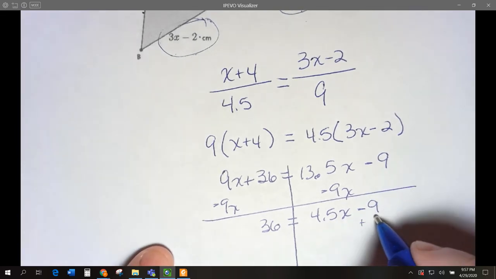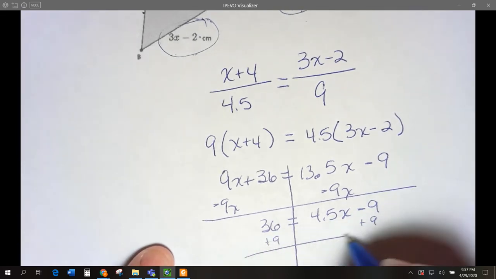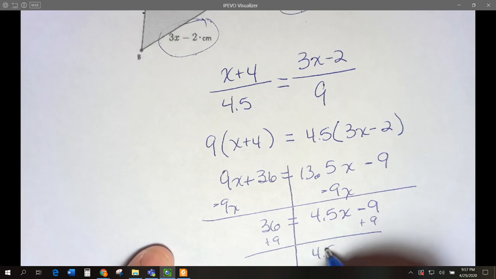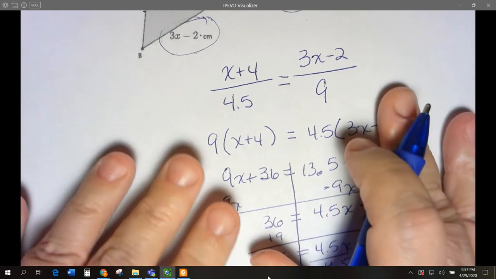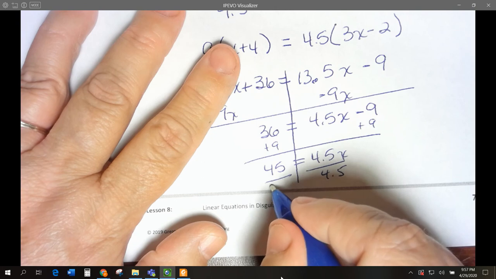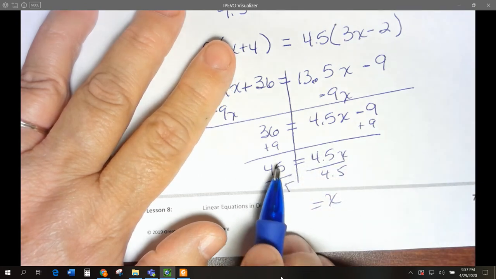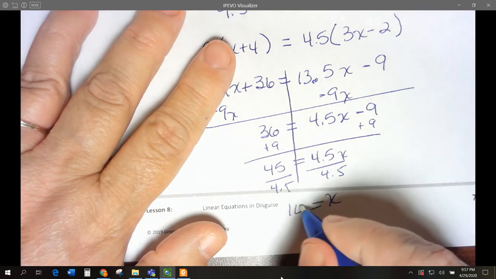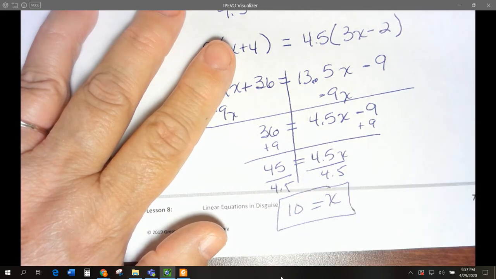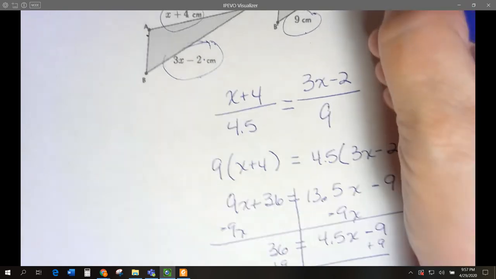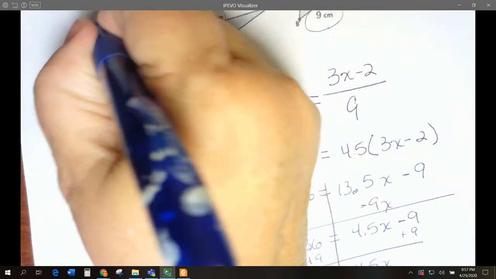I'm going to add 9 to both sides. And I'm going to get 4.5x equals 45. Divide by 4.5. And x is going to equal, if I take 45 divided by 4.5, I'm going to get 10. So x is 10.